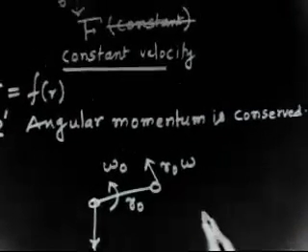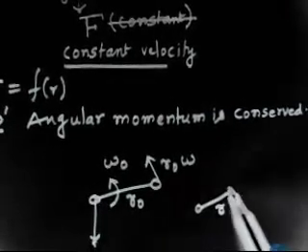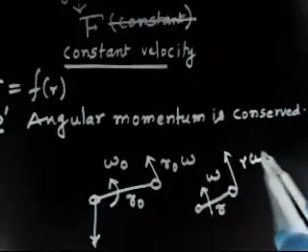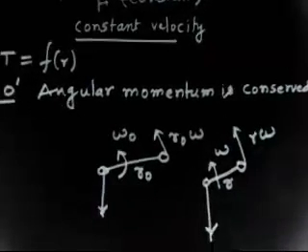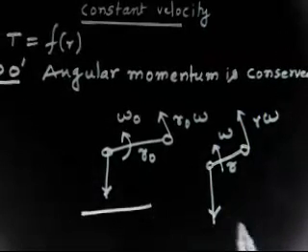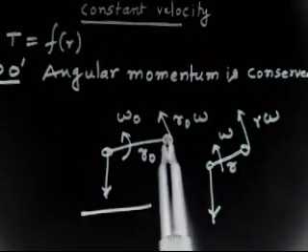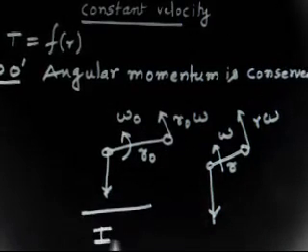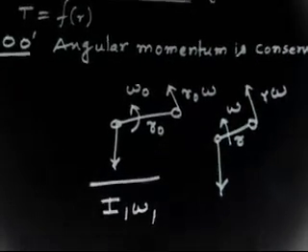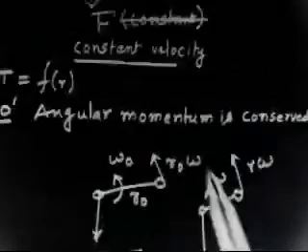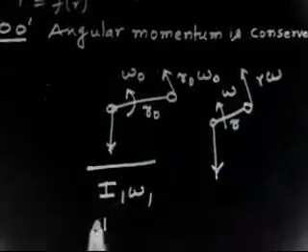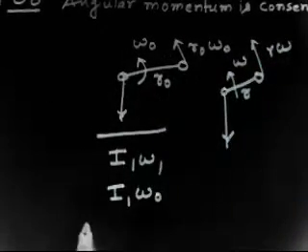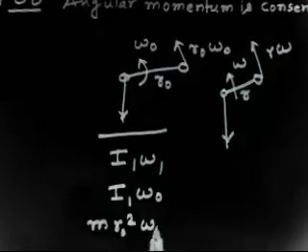Since it is moving in a circular path at one instant, angular momentum can be written as I into omega. The initial angular momentum will be I1 into omega naught, and I1 is m R0 squared. So this is simply m R0 squared into omega naught.